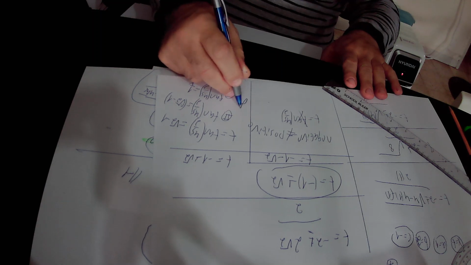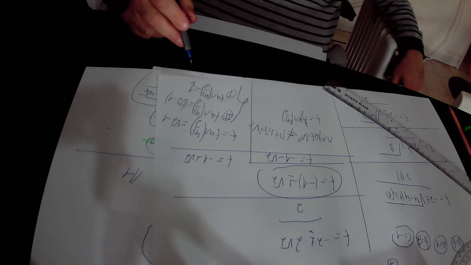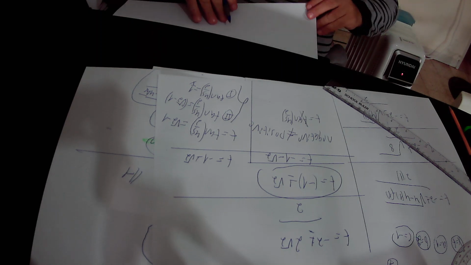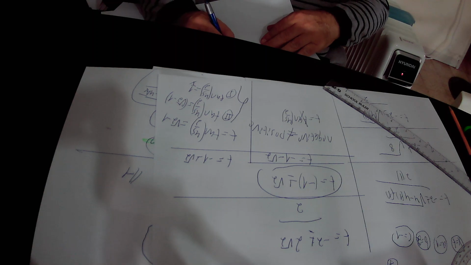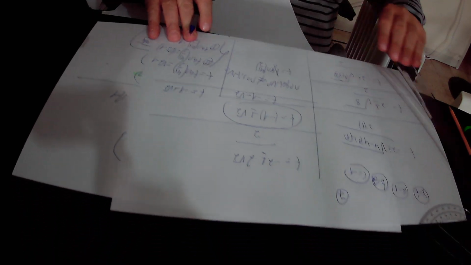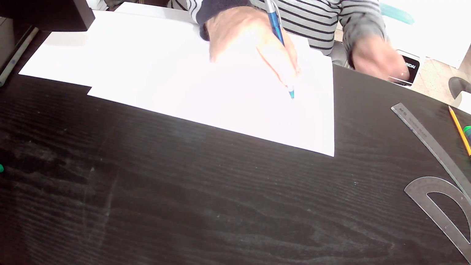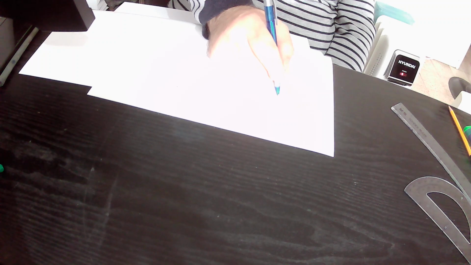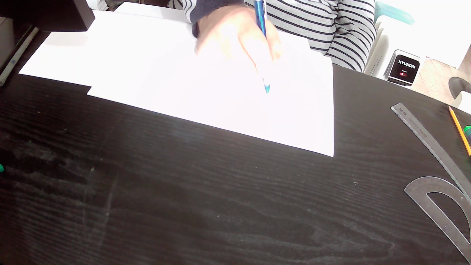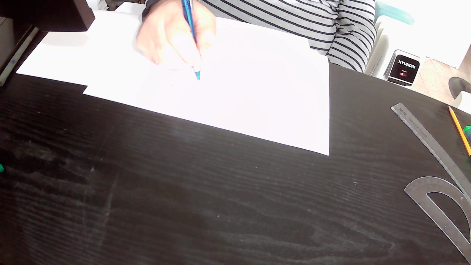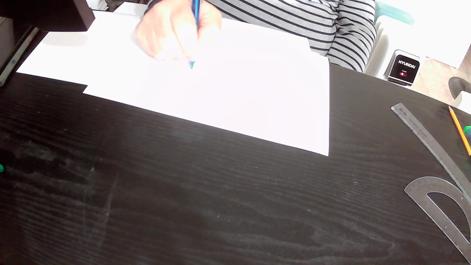So here we have two equations for the value of tangent of 45 over 2 degrees. Therefore, we create equation number 3, which states that tangent of 45 over 2 degrees according to equation number 1 must be equal to tangent of 45 over 2 degrees according to equation number 2.